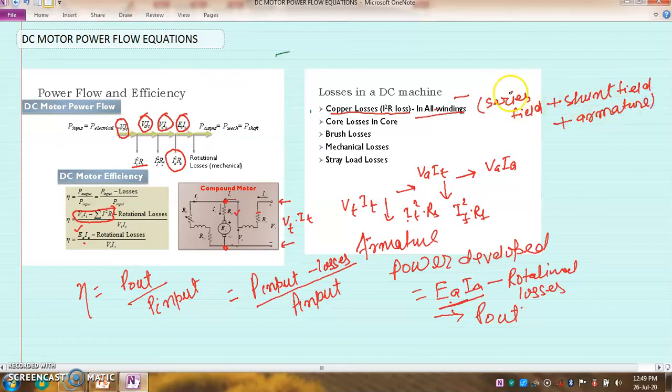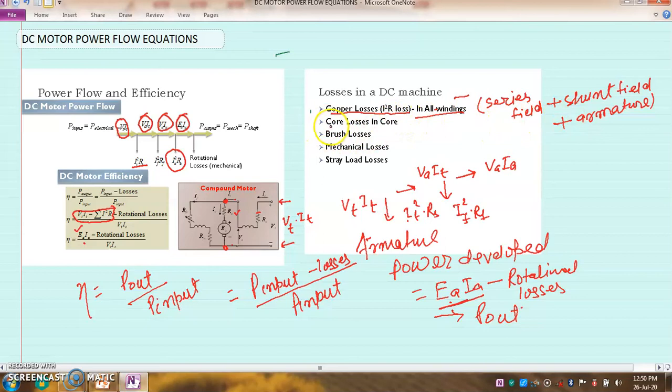All these windings are called I square R losses, because the series field has resistance, the shunt field has resistance, and the armature has resistance. So all these constitute I square R loss.